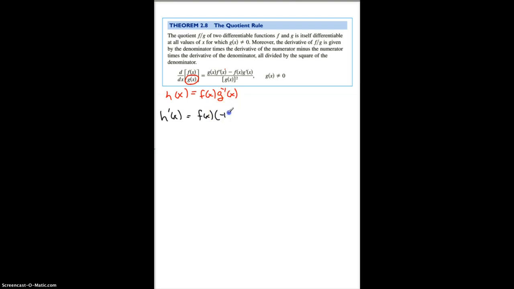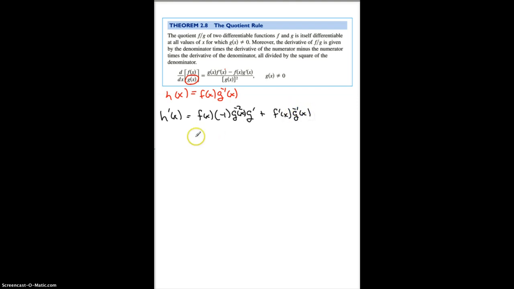Well, it's negative 1 times g of x to, so it goes down 1, so that's to the negative 2, times the derivative of g. And then it's going to be plus the derivative of the first times g to the negative 1 of x.